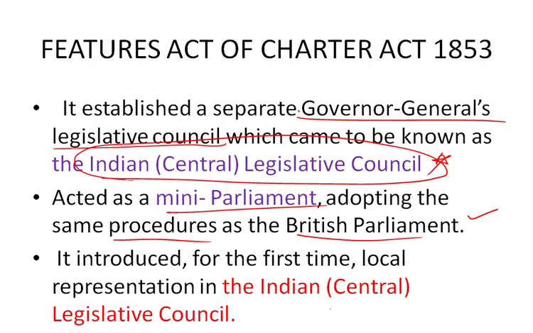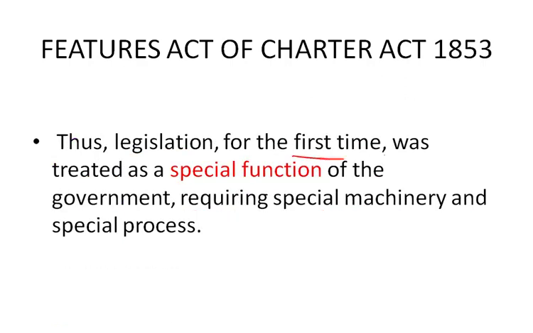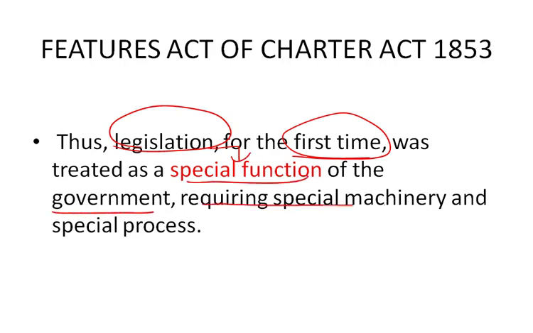And for the first time, local representation was allowed in the Indian Central Legislative Council. And for the first time, legislation was treated as a special function requiring government machinery and a special process.